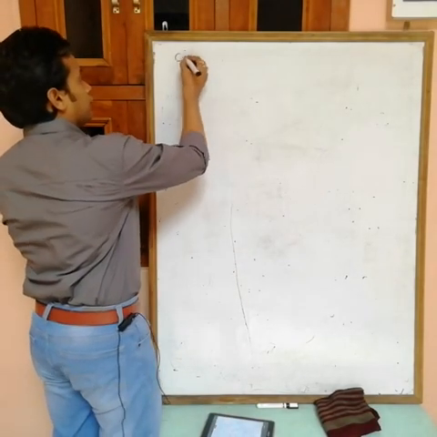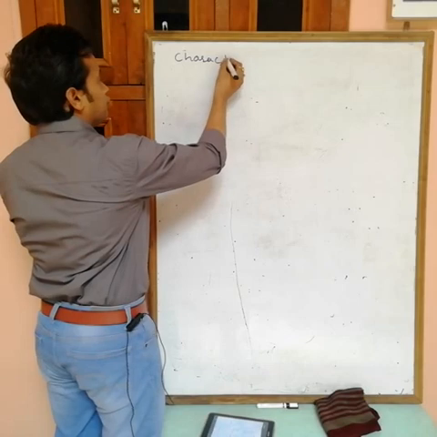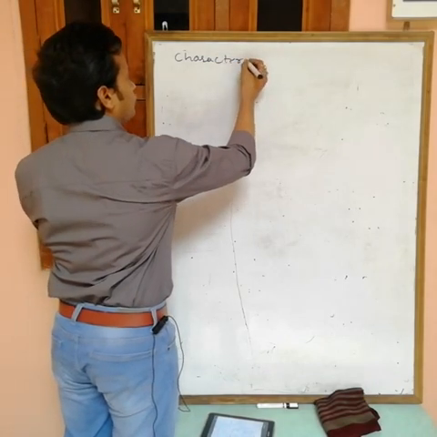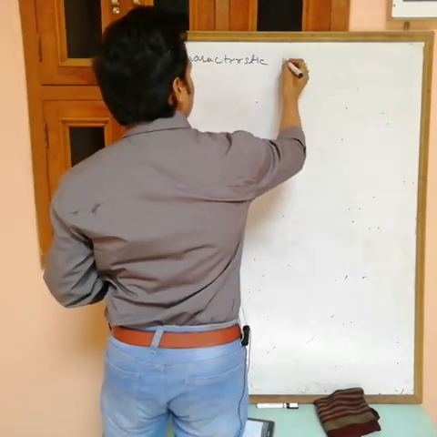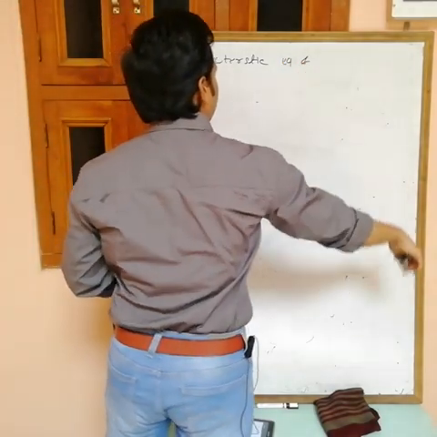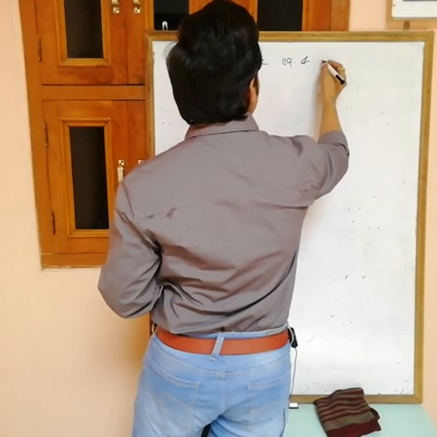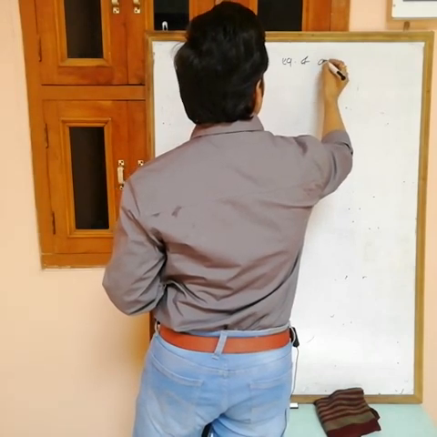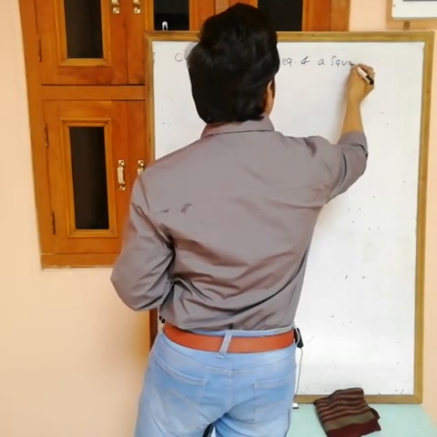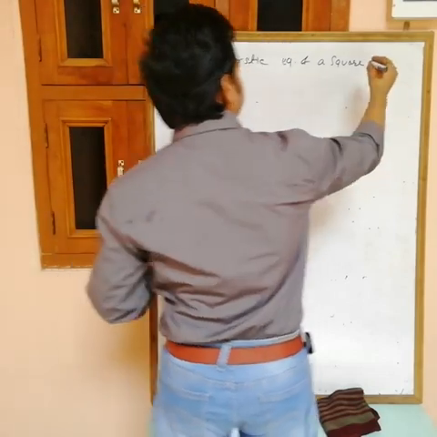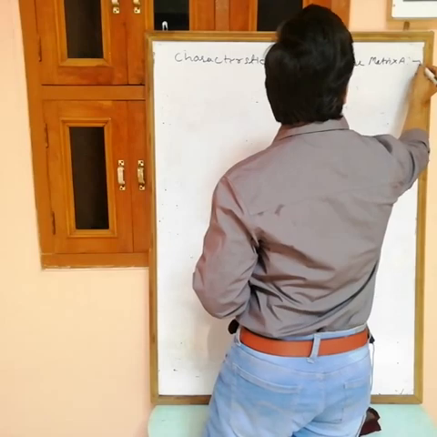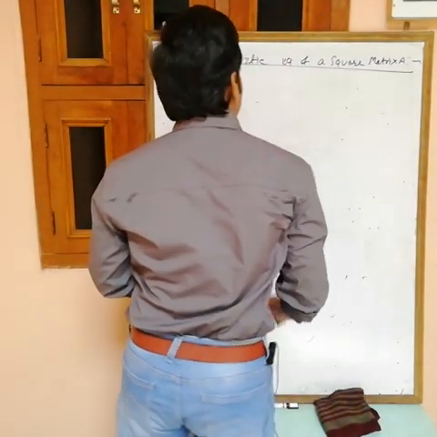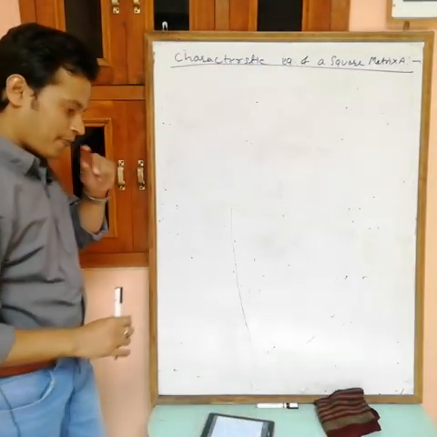Characteristic equation of a square matrix.